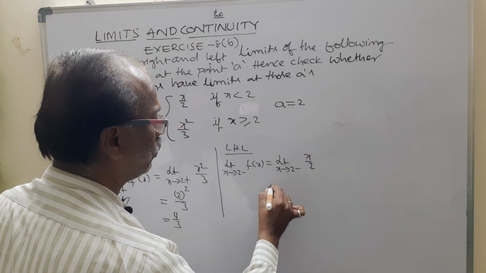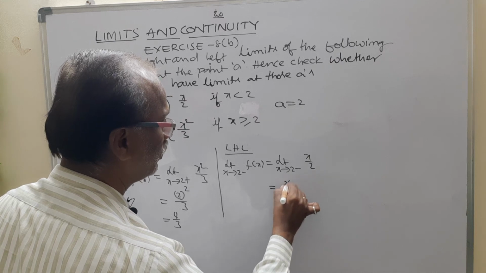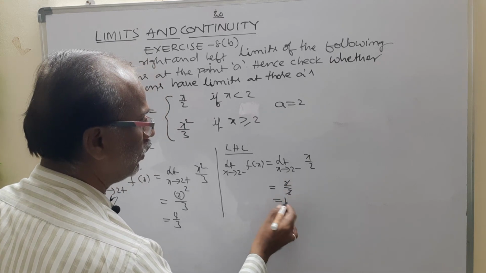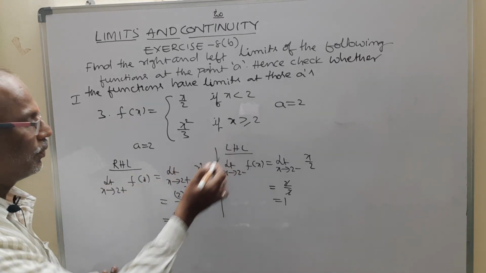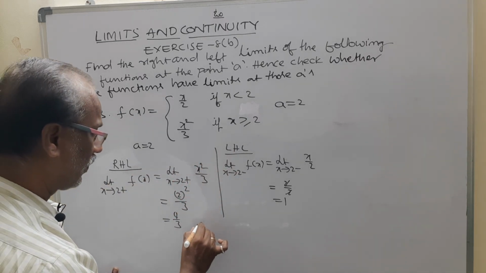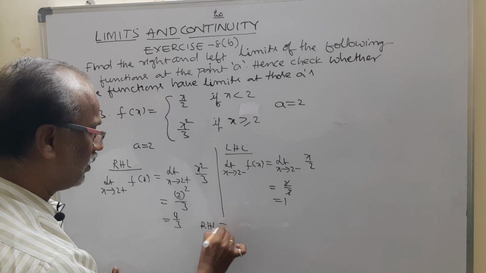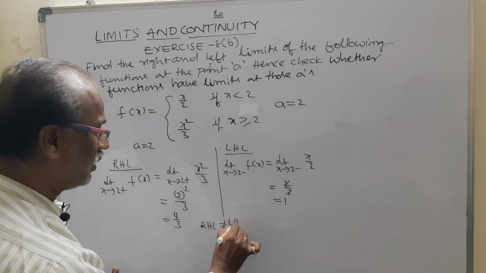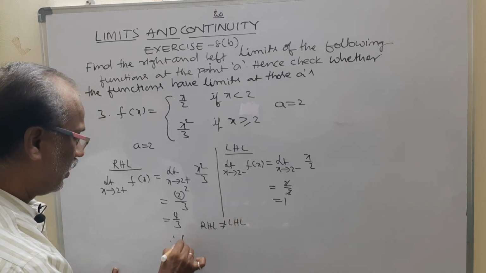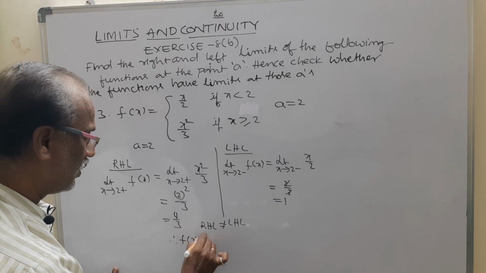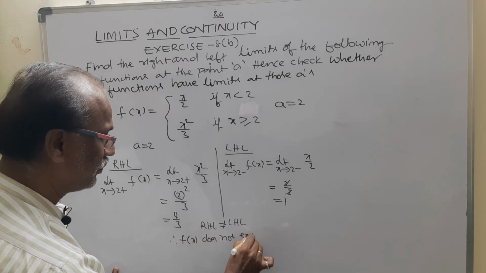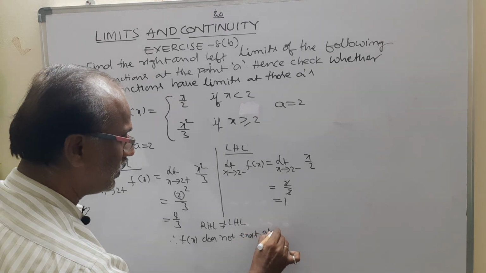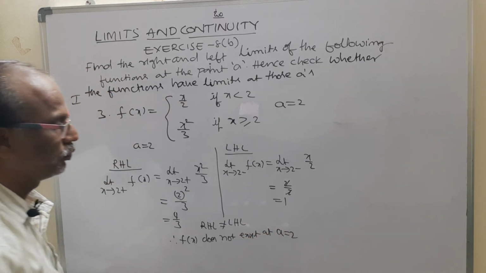Substituting x equal to 2, we get 2 by 2, which equals 1. We observe that the right hand limit and left hand limit are not equal. RHL does not equal LHL. Therefore, the limit of f of x does not exist at a is equal to 2.